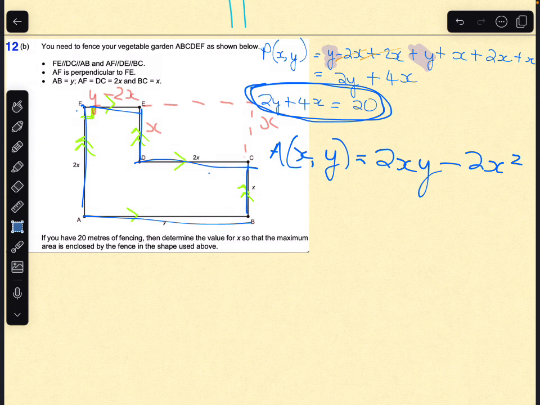So now my problem is, let me tell you what I'm thinking. The first thing I'm thinking is, how on earth am I going to find the first derivative of this expression when there are two variables? We don't know how to do that in high school.